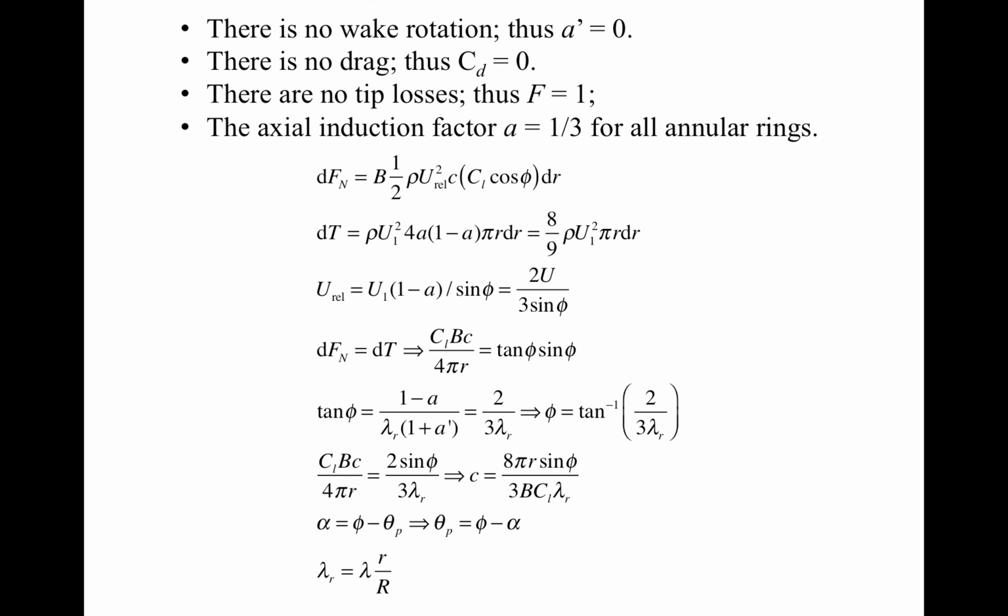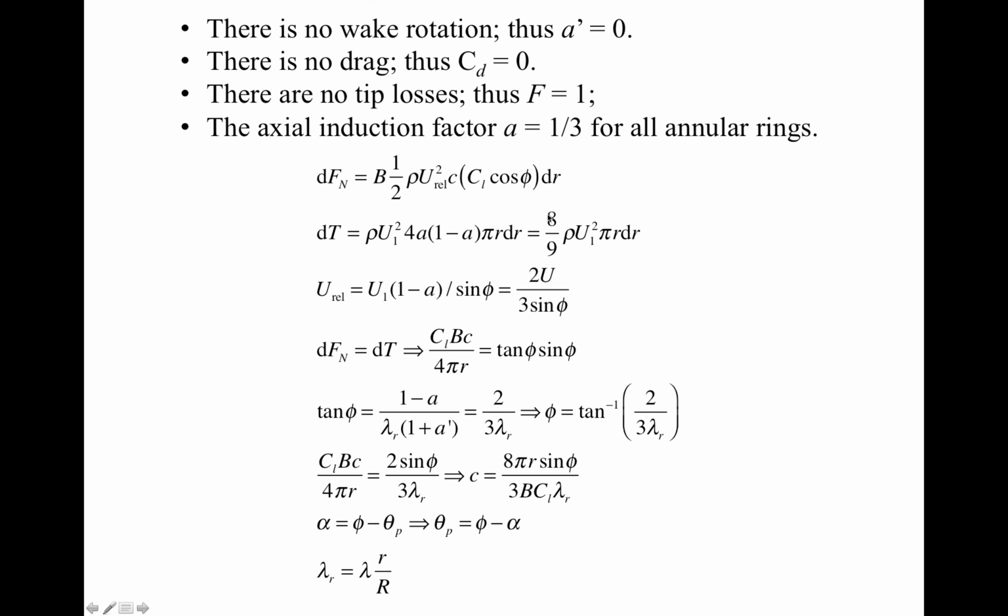If we bring those assumptions into the expression for the normal force provided by the blade element theory, we obtain a simplified expression for the normal force. On the other hand, we also have the thrust force provided by the actuator disk model, and because the axial induction factor A is fixed at 1/3, we obtain a simplified expression for the thrust force.